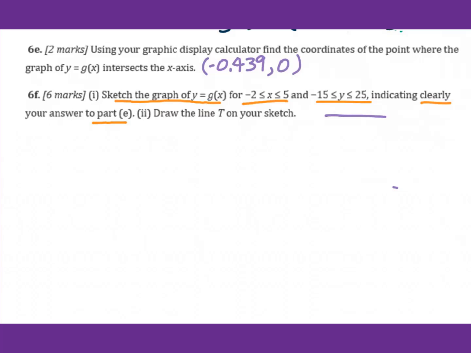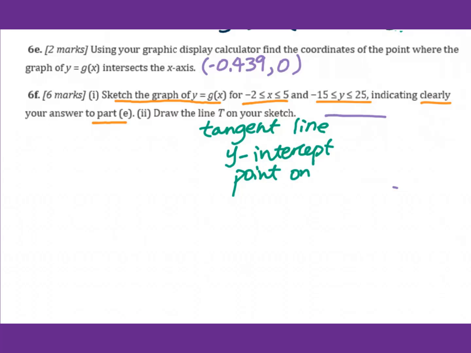Draw the line t on your sketch. Since t is a tangent line, you have to show the y-intercept, and also the point on the curve, which means (1, 3).